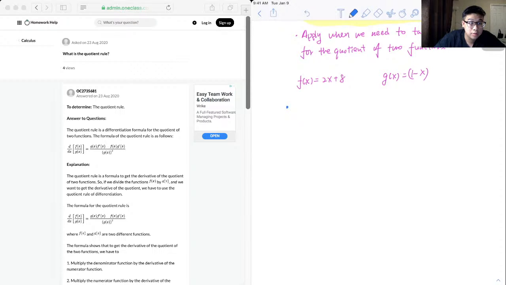So first we need to multiply the denominator function by the derivative of the numerator function.